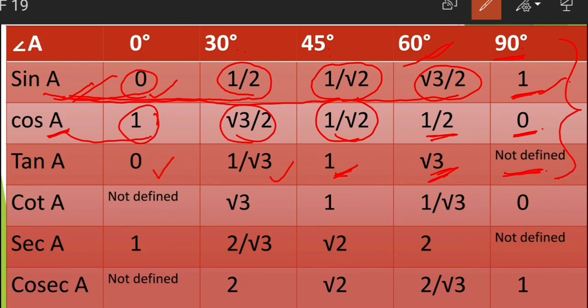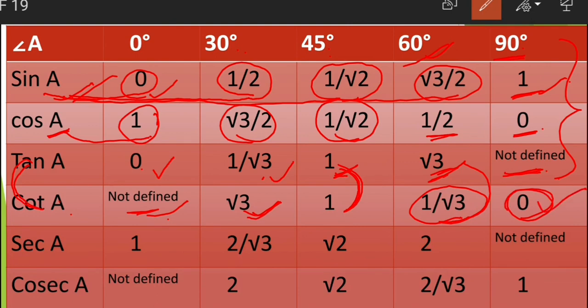First we have to learn these formulas, and after that, by reversing tan and cot, we get the cot values. So cot 0 degrees is not defined, tan 30 degrees is 1 by root 3 so cot 30 degrees is root 3, tan 45 is 1 and cot 45 is also 1, tan 60 degrees is root 3 and cot 60 degrees is 1 by root 3, and tan 90 degrees is not defined, so cot 90 degrees becomes 0.